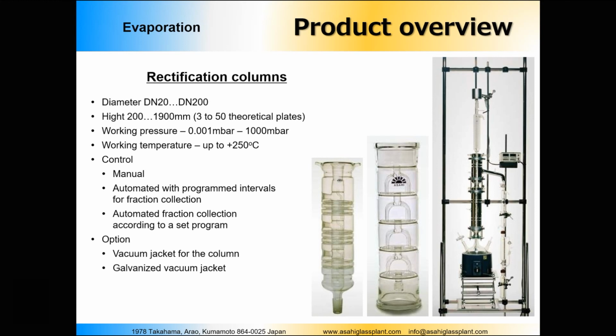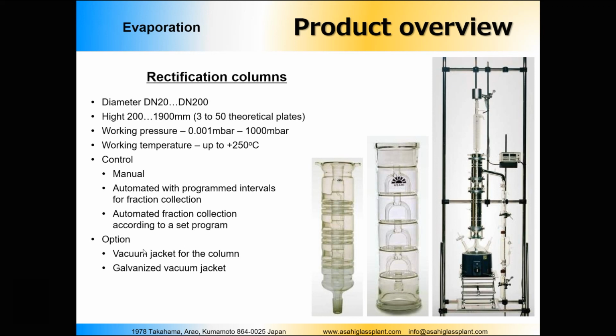We can have different control types, starting from manual ones with a manual valve that allows you to take a certain fraction, or you can have an automated system with automated sampling by means of a solenoid valve and a controller, or you can even have automated fraction collection by means of a 6-way valve, for example, which can collect up to 6 fractions or more if you have a bigger valve.